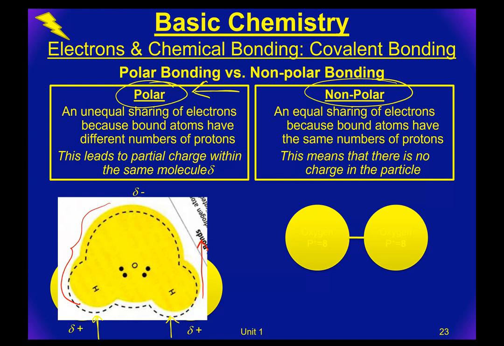Do they completely take it away? No, Mother Nature wouldn't allow that. But it does create a partial charge. Nonpolar, that term is equal sharing of electrons. Why? Because the atoms have the same number of protons on both sides.